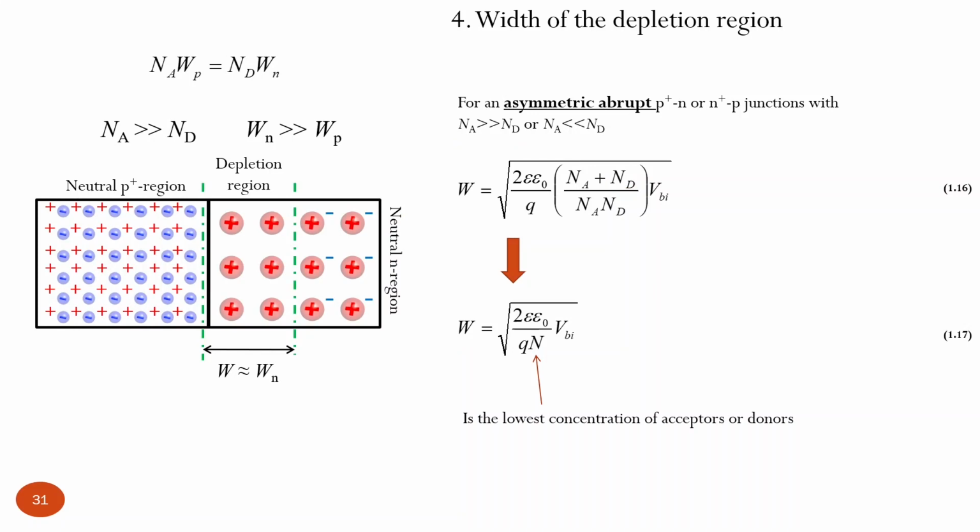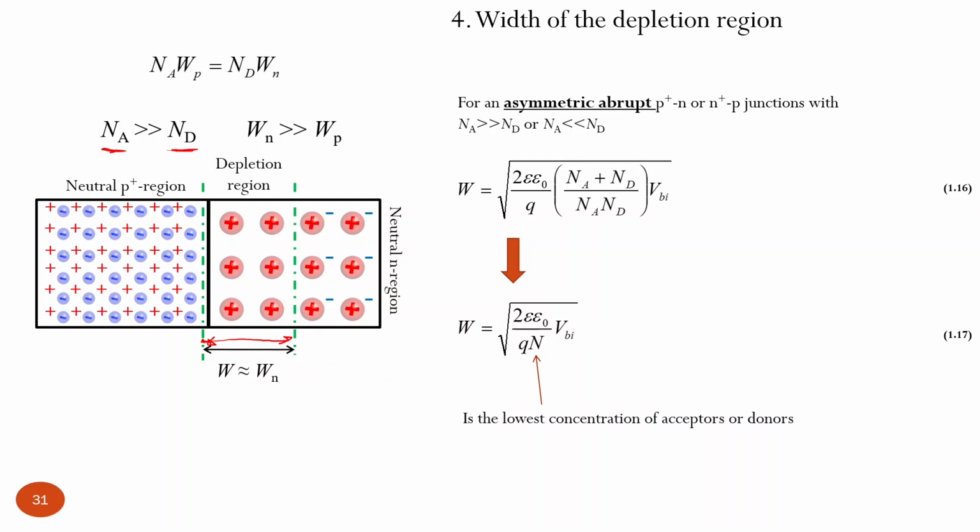We have a very thin depletion region in the heavily doped p-type semiconductor, where Na is much larger than Nd, and we have a much larger depletion region in the moderately doped N-type semiconductor.